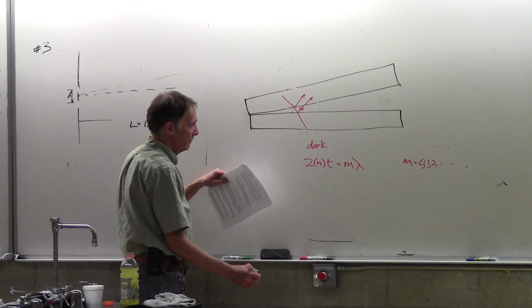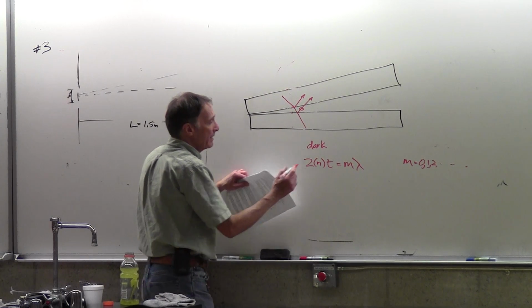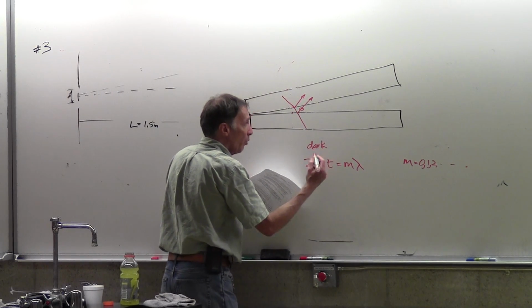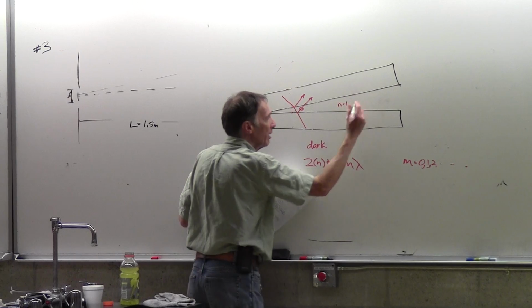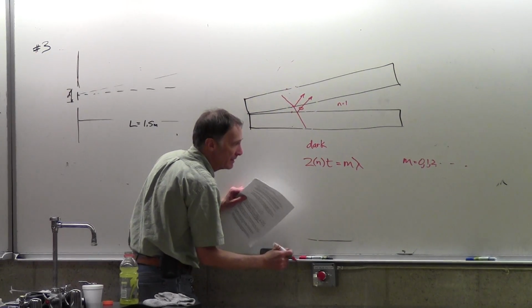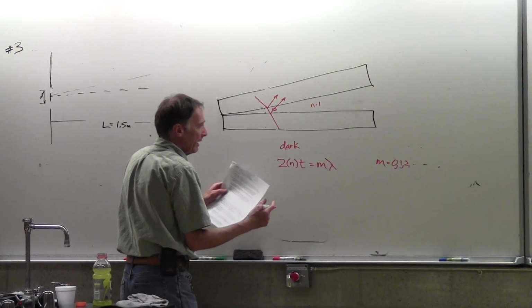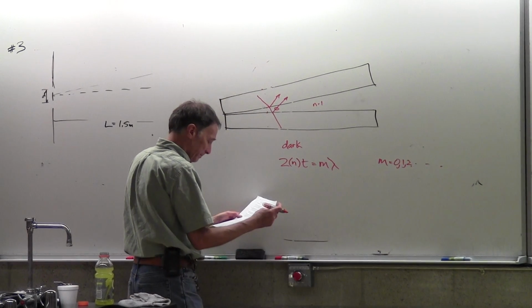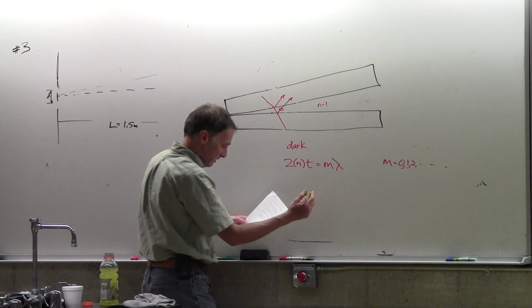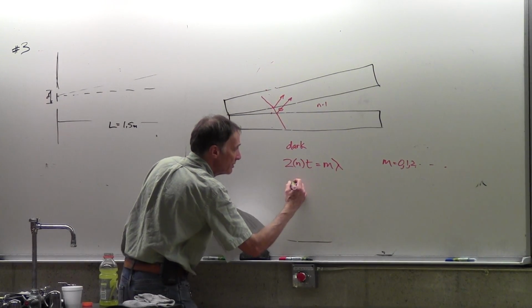The index of refraction here is just 1, so n equals 1, because we are talking about this airspace in here. And the number of dark fringes, he says, okay, there's 33 dark fringes.